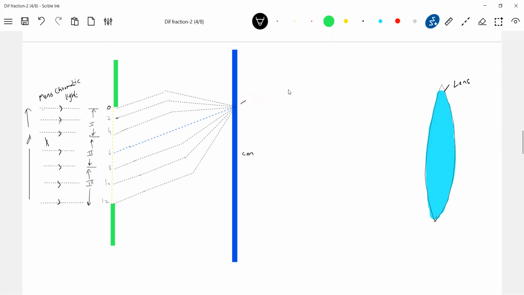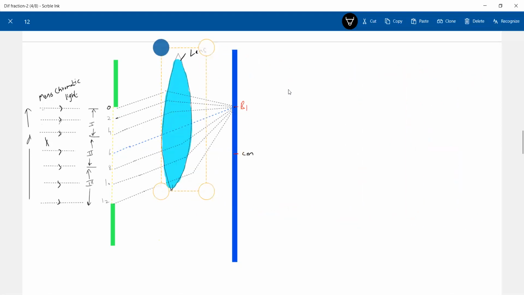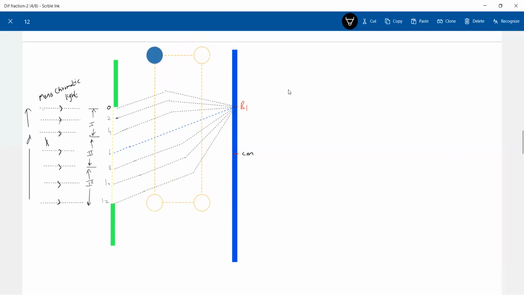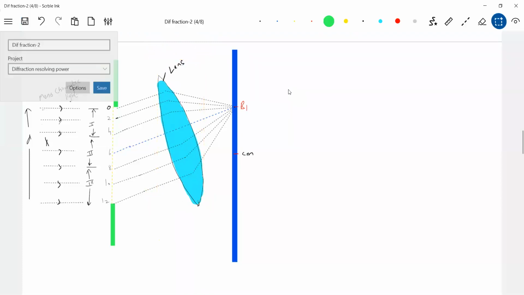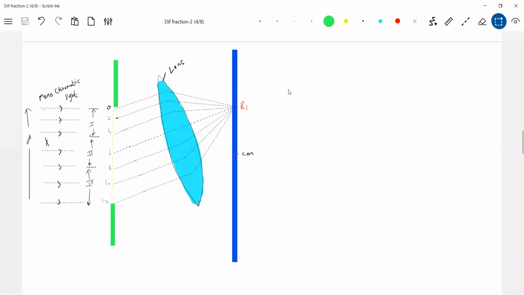Next I'll get the bright fringe, and there's the lens. The screen which I split up now, I'll mark with red color.